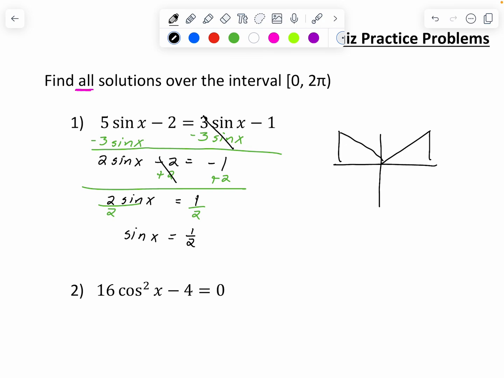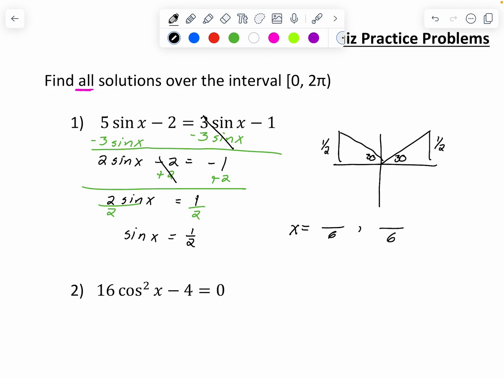Now, since sine is the y value and sine is going to be 1/2, that means we're going to have 1/2 here, 1/2 here. And therefore, the reference angle would have to be 30, because across from 30 degrees is always 1/2. So if our reference angle in both of those quadrants is 30 degrees, then that means our answers have to be something over 6. So we're going to have two answers, both over 6.